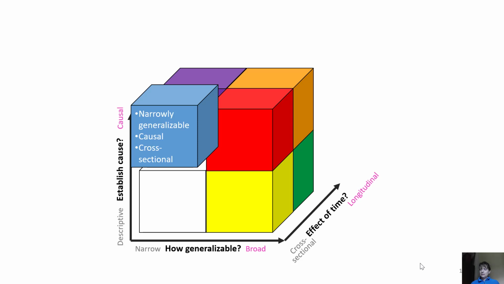So the blue cell up here, narrowly generalizable, causal, cross-sectional. This might be the case where Google tests a change to its search algorithm. That search algorithm is going to be used across all kinds of contexts, but it's only Google's search algorithm. So it's only generalizable to Google's algorithm, I would argue. It is causal.